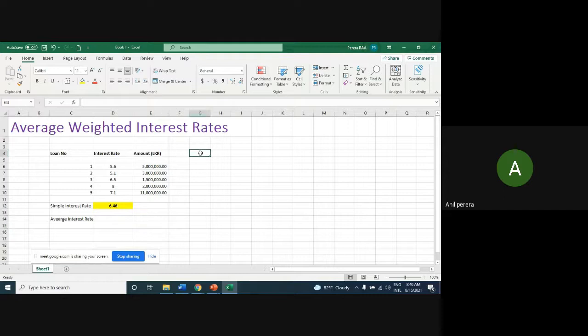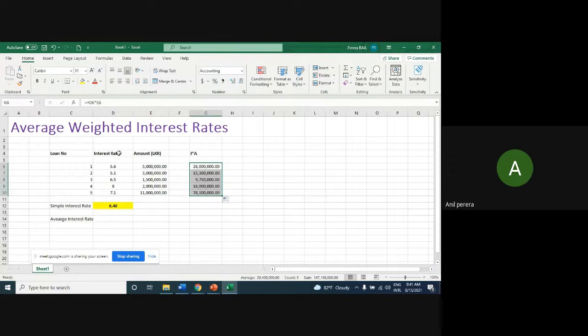How do you calculate it? You first multiply the interest rate and amount. So simply multiply these two things. Then you have the volume multiplied by the interest rate. Then how do you calculate the average from this multiplication? You simply take the totals.